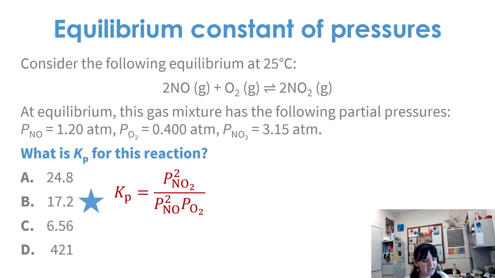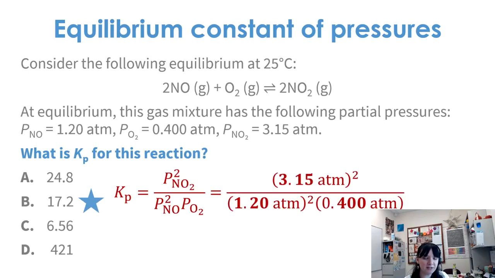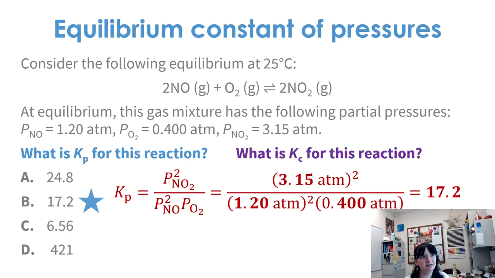It follows the same general formula as we've seen in Kc and in Q: products over reactants, each to the power of its molar coefficient. Placing in these partial pressures, I can solve for Kp itself, and I get 17.2. Now, as a follow-up question, what if I wanted to find the Kc for this reaction?